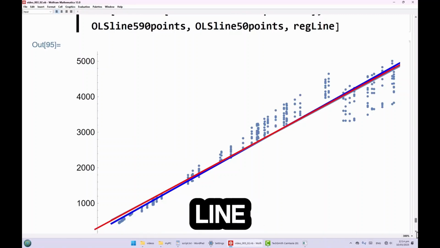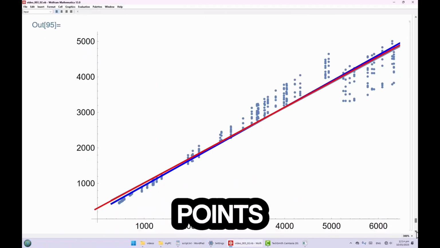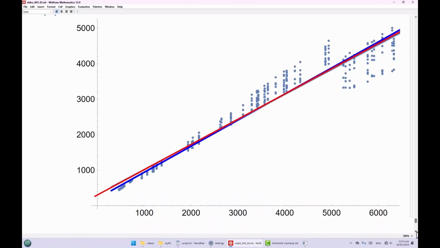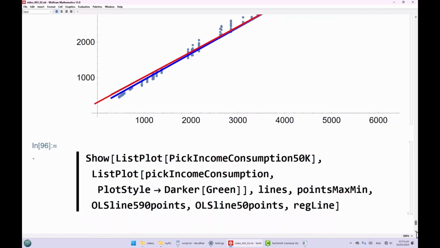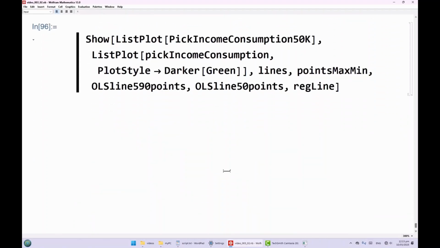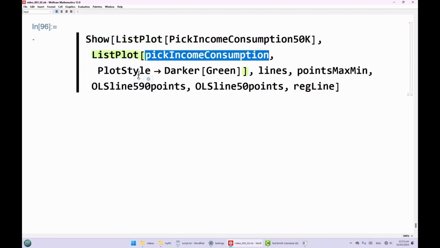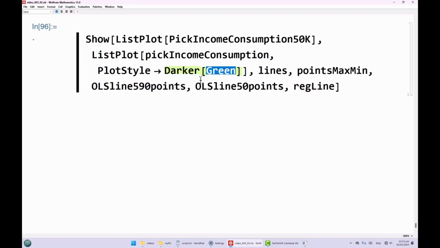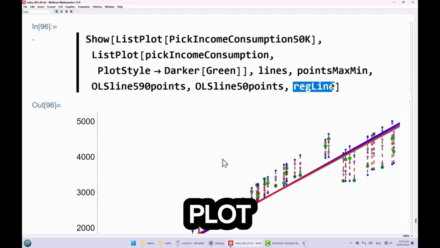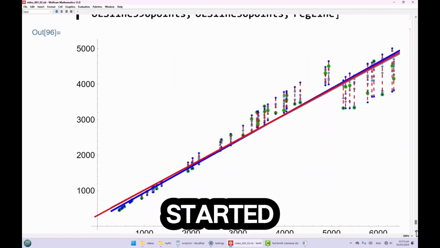The red line is for population of 50,000 points. In this last plot, we show all the apparatus. The big green points represent the 50 data points we started the lesson with.